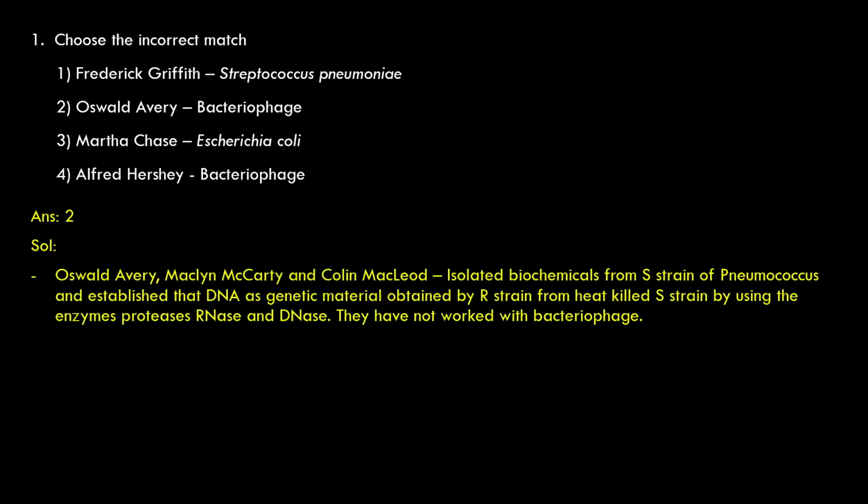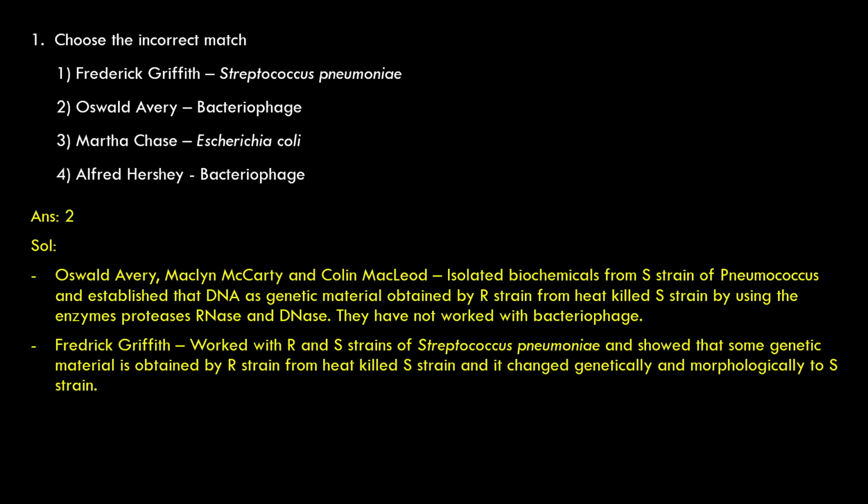Come to the solution. Oswald Avery, Maclyn McCarty, and Colin MacLeod isolated biochemicals from a strain of pneumococcus and established that DNA is the genetic material obtained by the R strain from the heat-killed S strain, by using the enzymes proteases, RNases, and DNases. They have not worked with bacteriophages.